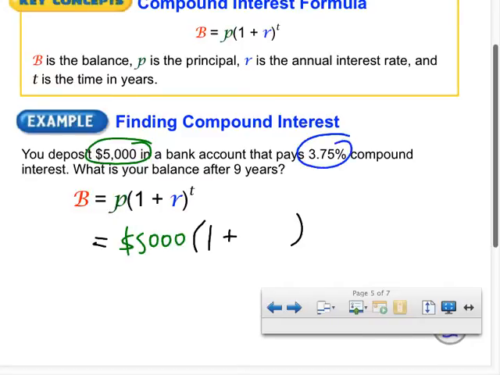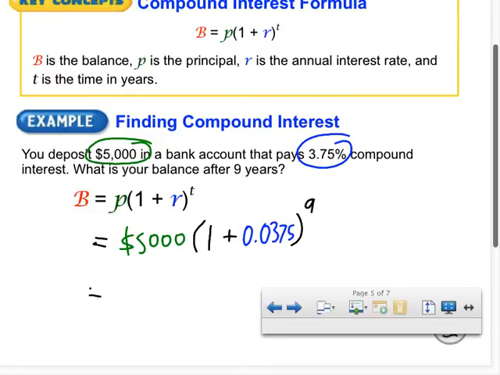What's 3 7/75 as a decimal? How do we say that number? Somebody said it. 375 10,000ths. Okay? And then my time is the exponent. In this case, the exponent is a 9.